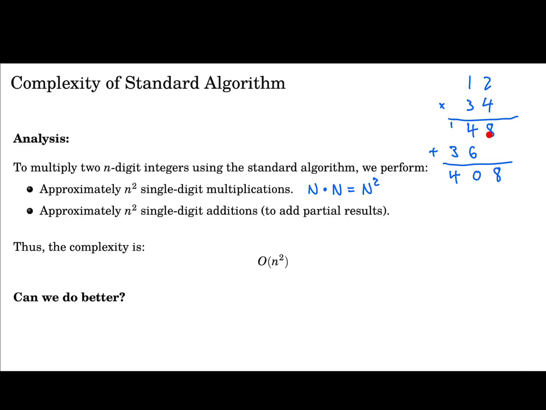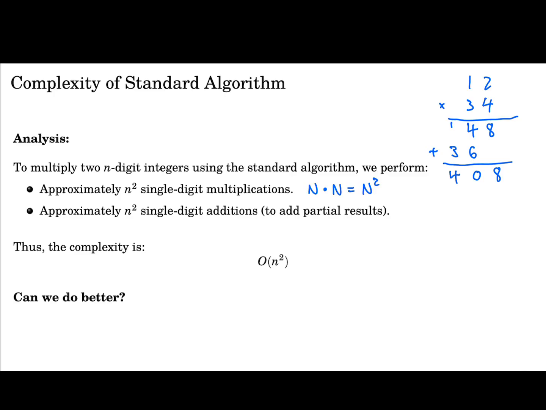And then you need to add these results. Now notice that you're adding these one by one. And how big can this be in terms of shifting? It can never be larger than n squared, right? So here it was 3, but at worst, you would get a 9 here and a 1, and you carry it over, and you would have 4 additions.